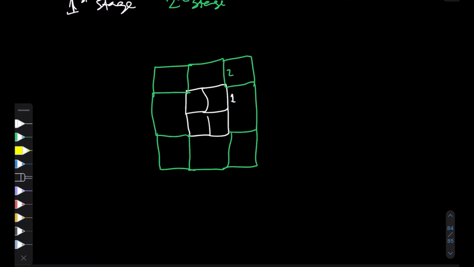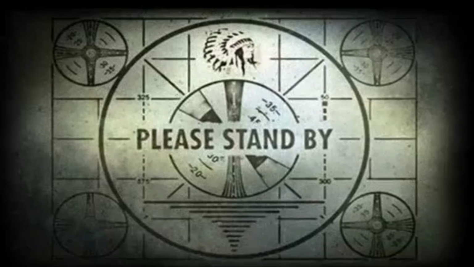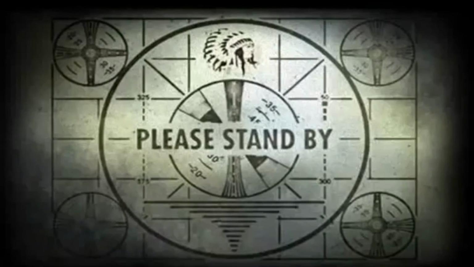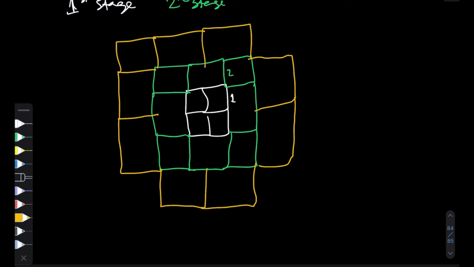And just to be clear, to get to the third stage I will wrap this around with squares of length 3, and then we fill in the corners. So these are boxes of length 3, and this is what I will call the third stage.